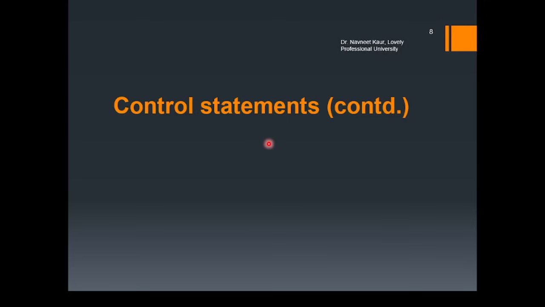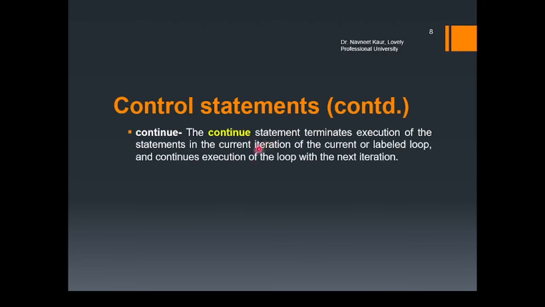So for this, we have some special statements. The first one is the continue statement. The continue statement terminates the execution of the statements in the current iteration of the current or the labeled loop and continues execution of the loop with the next iteration.